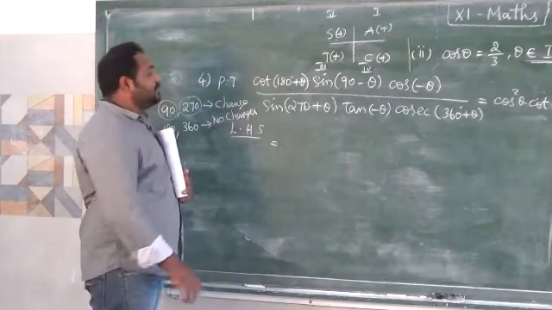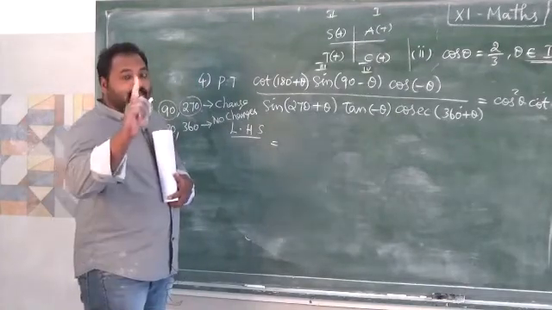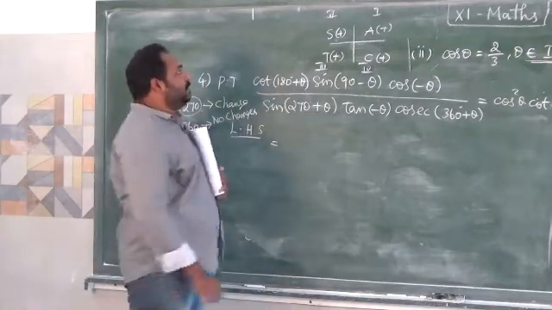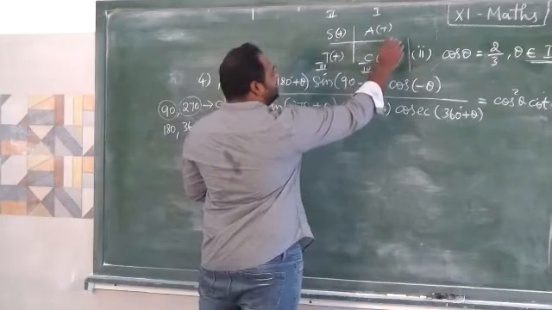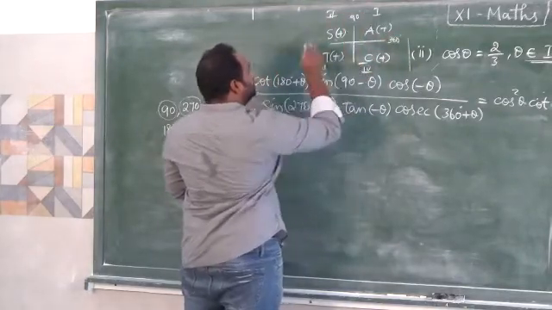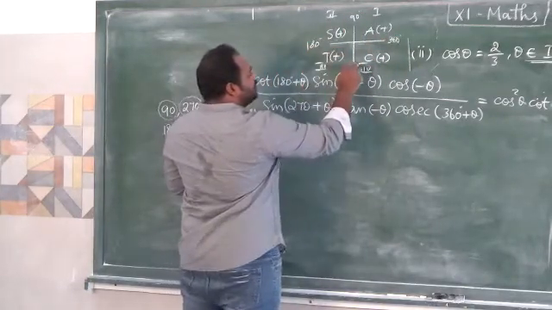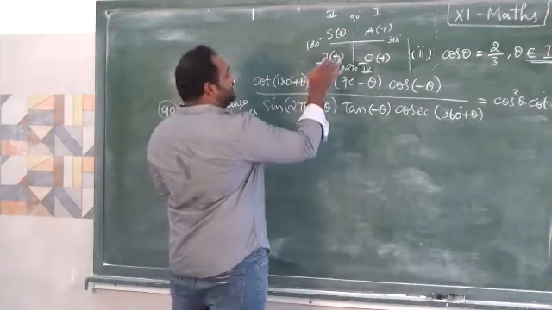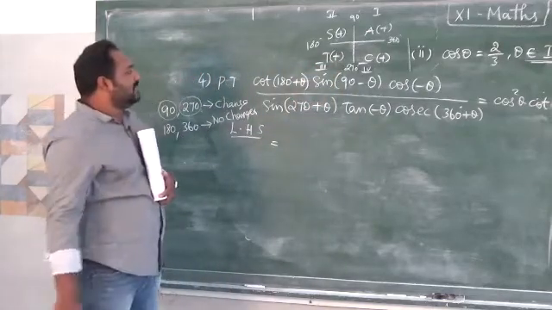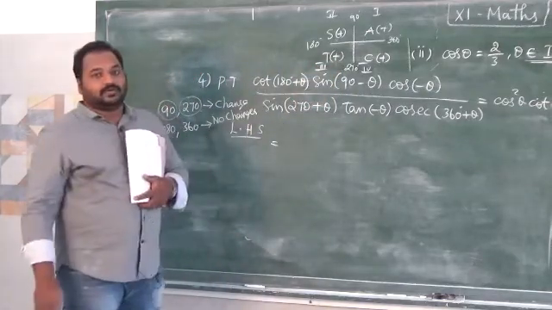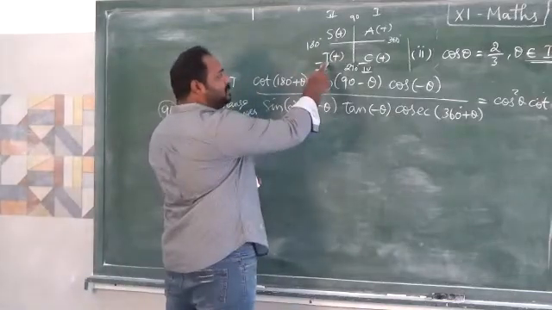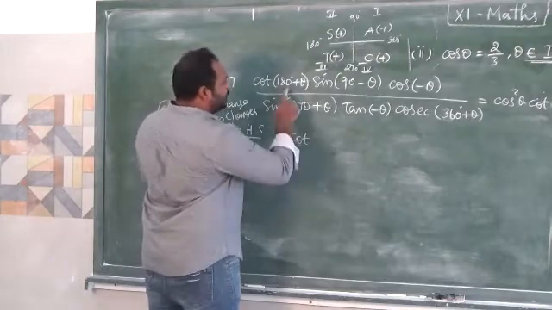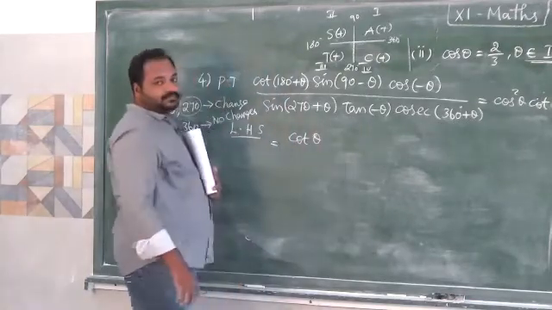First let me check the sign. 180 plus theta lies in the third quadrant. Third quadrant, cot positive or negative? Yes, positive, because tan and its reciprocal are positive. So cot is also positive. Cot 180 plus theta is cot theta.